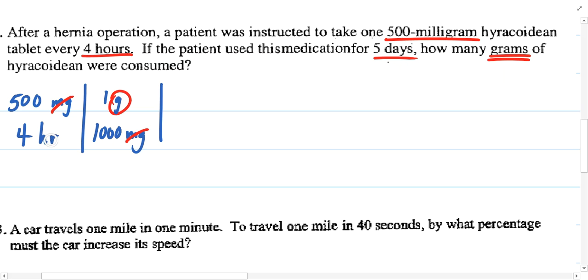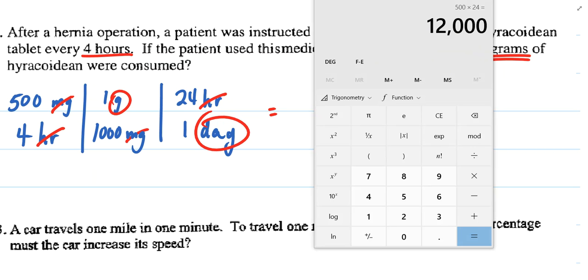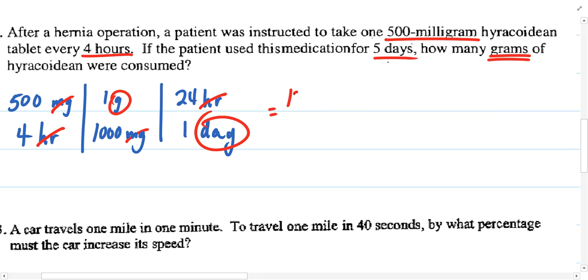Let's now change hours into days. Well, again, that shouldn't be too hard. There are 24 hours in one day. So after I complete the multiplications in this T-chart, I'm going to be left with grams and days as my unit of measure. And 500 times 24 is 12,000 grams.